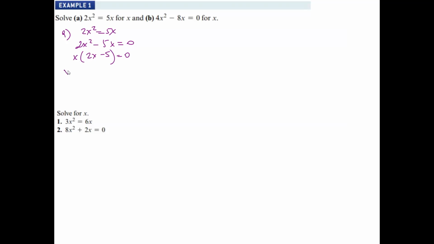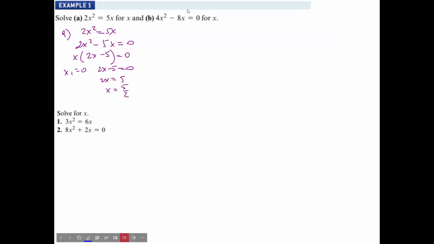So now x1 is 0, x2 is 5 over 2. You know where 5 over 2 came from? Let me do the steps then. 2x minus 5 is 0, so 2x is 5, x is 5 over 2.